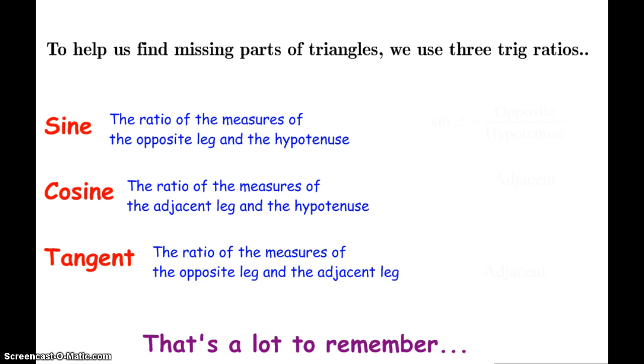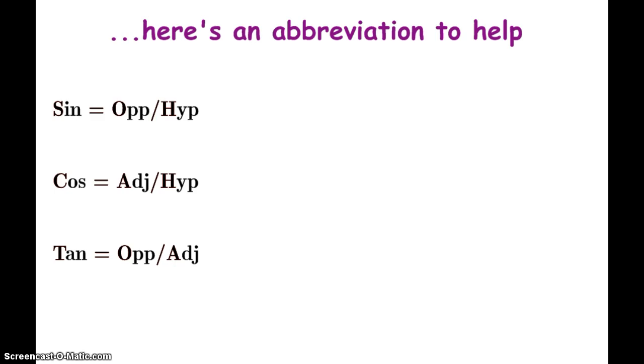So you may be thinking, that's a lot to remember. How am I going to remember all these ratios? We're going to simplify it a little bit for you. Let's take those ratios and write them out, instead of in words, as a ratio. If I take sine, we abbreviate it by taking off the E and just making it S-I-N, and I abbreviate my sides: opposite over hypotenuse, the ratio of opposite leg to hypotenuse. I can do the same thing with cosine.